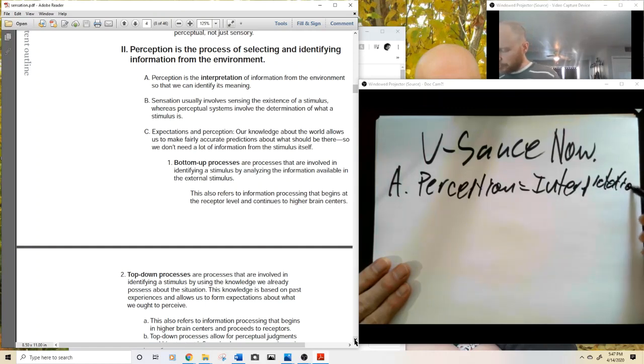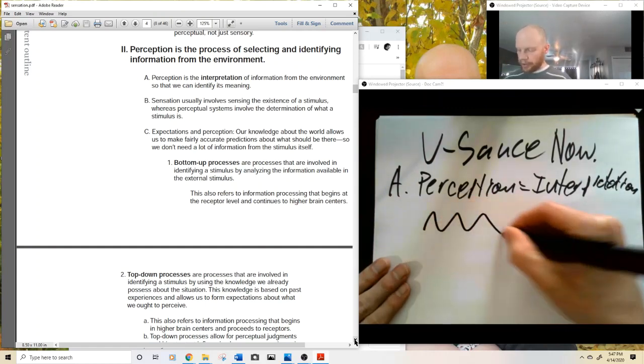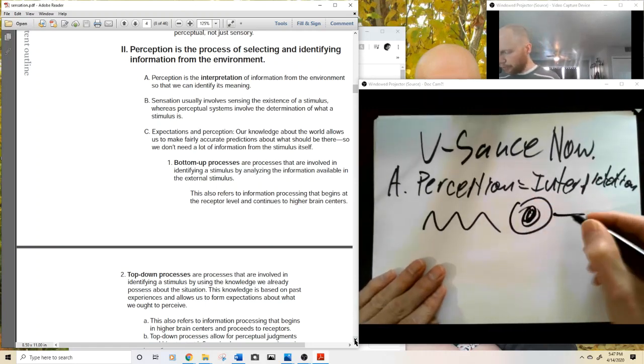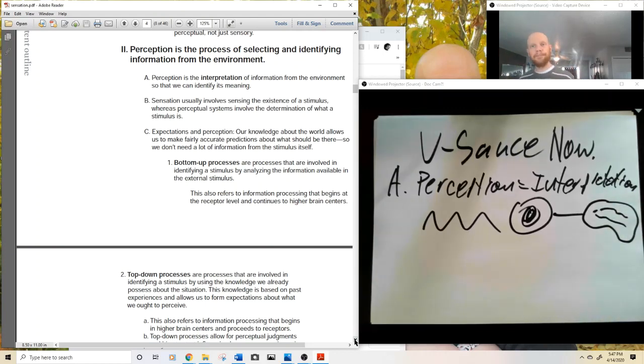So in comes red light. Boom. Red light goes into my eyeball, and that goes to my brain, and my brain then interprets it. That is my perception of it. And the way I interpret this is not necessarily the same way that everybody else does, which is weird. We both would recognize red as red, unless you're colorblind. Let's take blue.